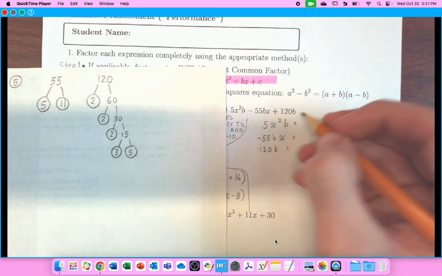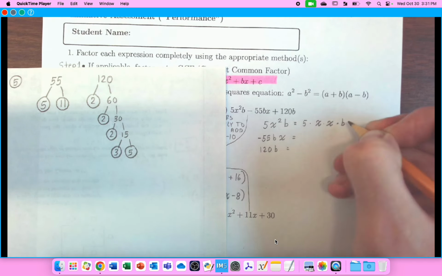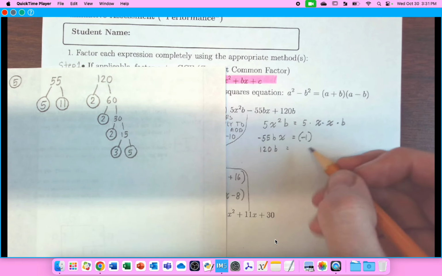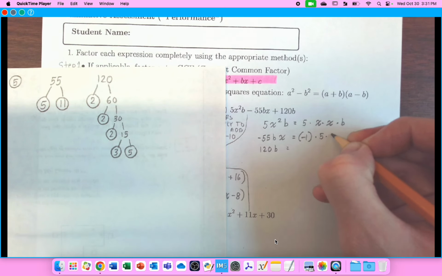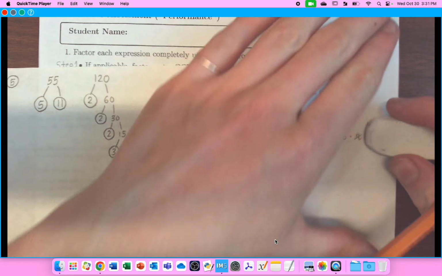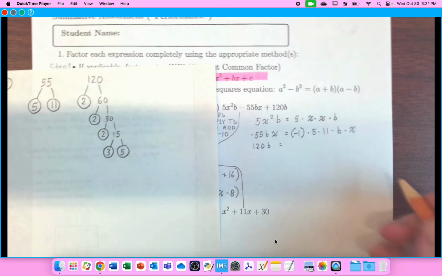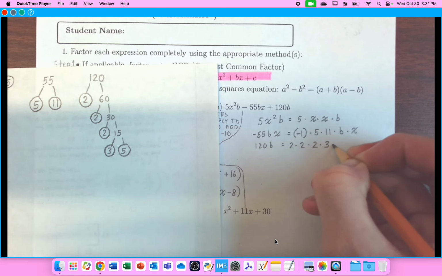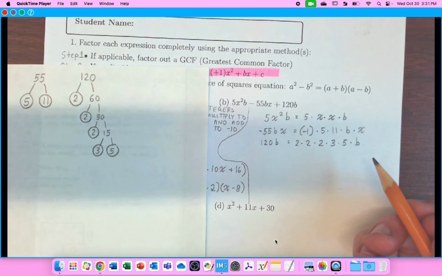Well, I know that this one is 5 times x times x times b. This one is -1, because when I see a negative, I need to have that factor of -1 in there, times 5 times 11 times b times x. This is gonna be 2 times 2 times 2 times 3 times 5 times b. 8 times 3. Yeah. Okay.